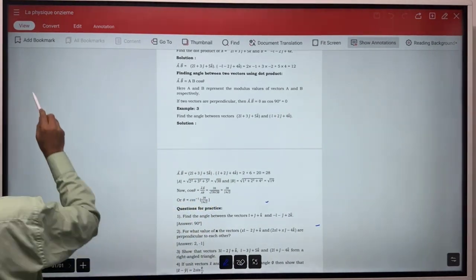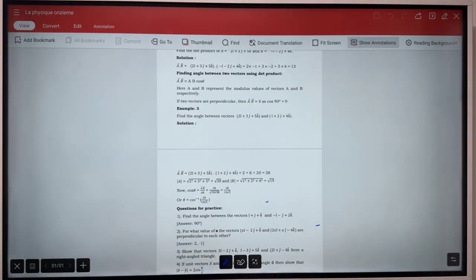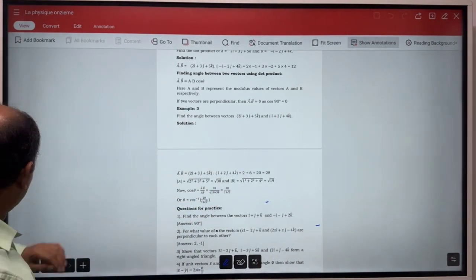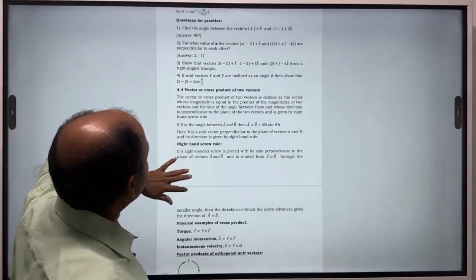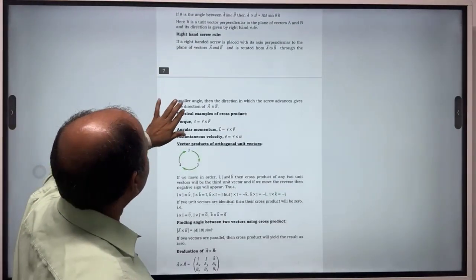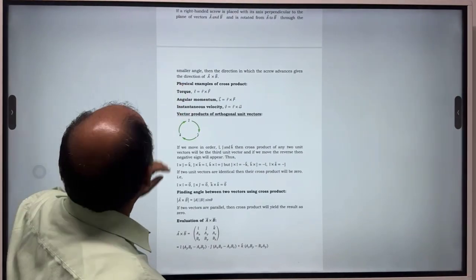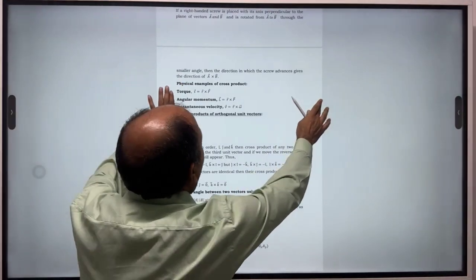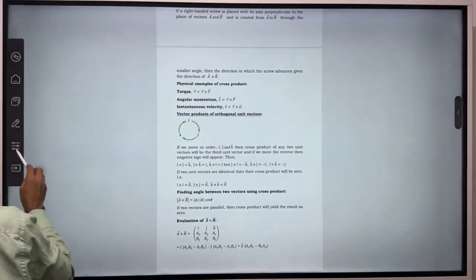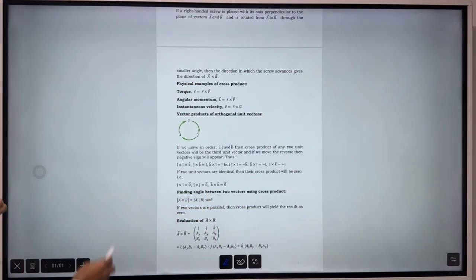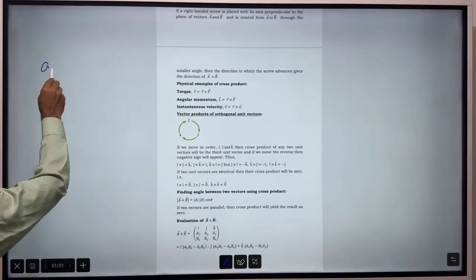Suppose you are given two vectors, so what will you do to get the angle between the two? The concept is simple. Let's see the formula.